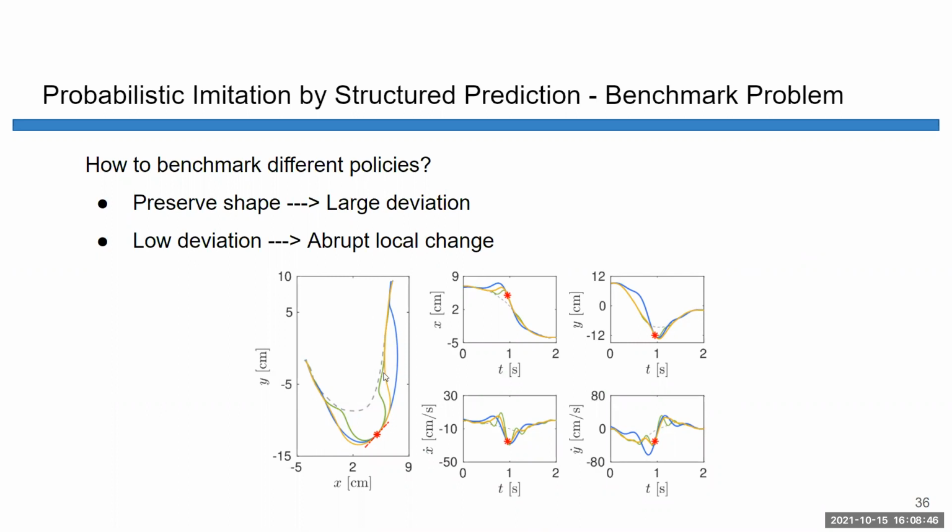For three adaptation trajectories, the blue one has very large deviation from the original demonstration trajectory, but it seems that it can preserve shape well. But for the green one, the deviation from the original demonstration trajectory is small, but in the local area there is a very steep change in the trajectory.